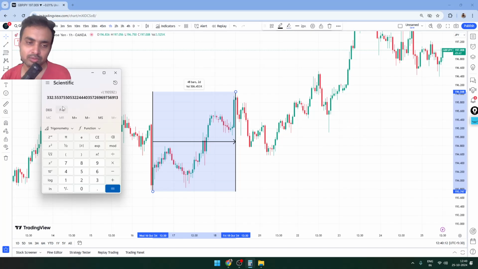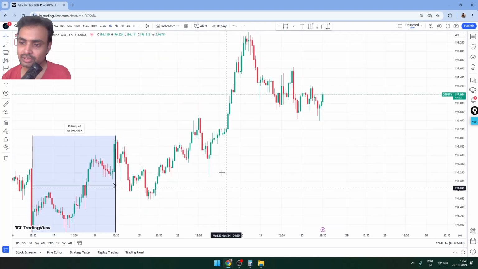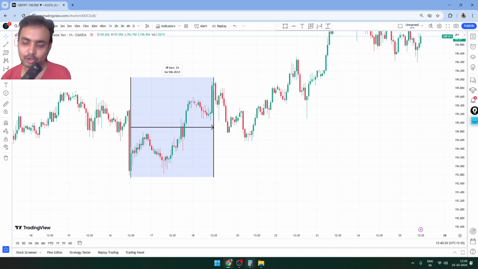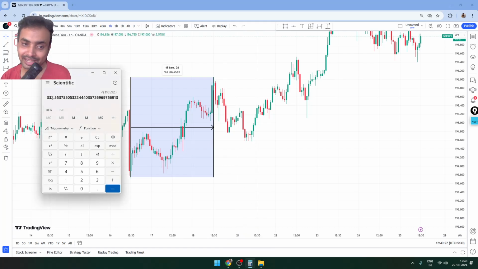332.5, so the 333rd candle from the present, which I may not have. I may not have 300 candles here. So what I can do is take half, which is 160 something, or I can take one more square root of this number.